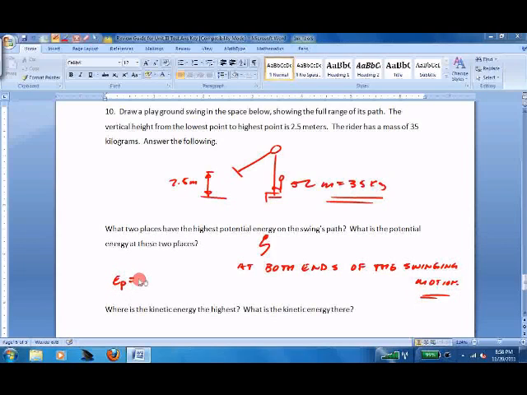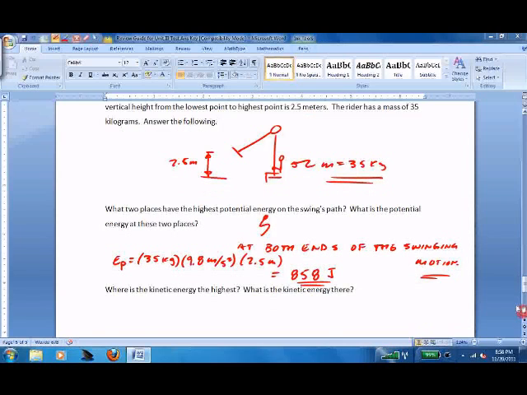Potential energy is mass times g times the height, 2.5 meters. And that equals, we will round, 858 joules of energy.